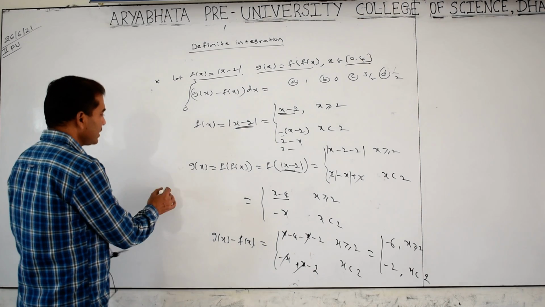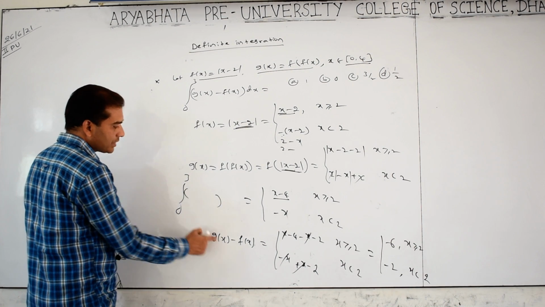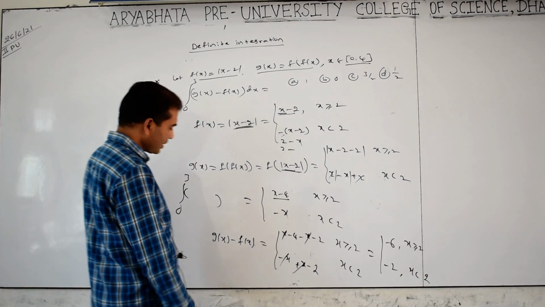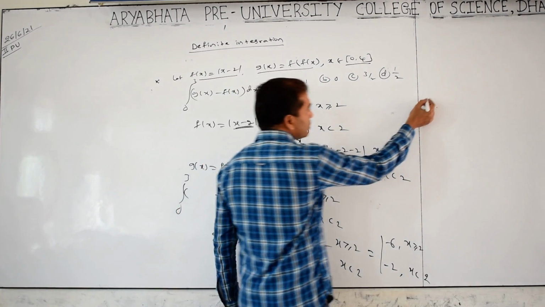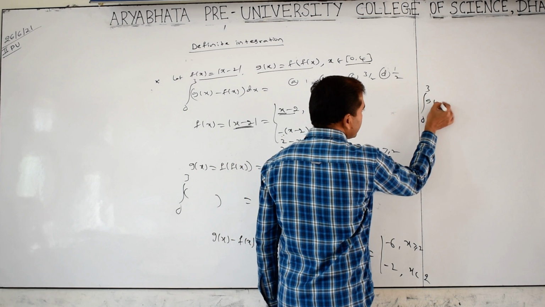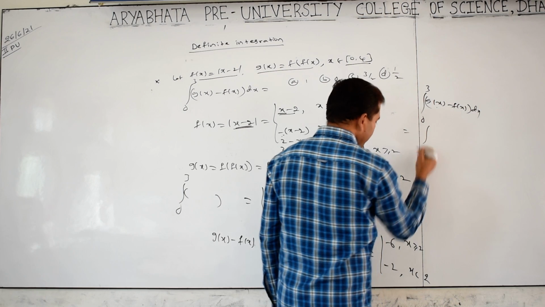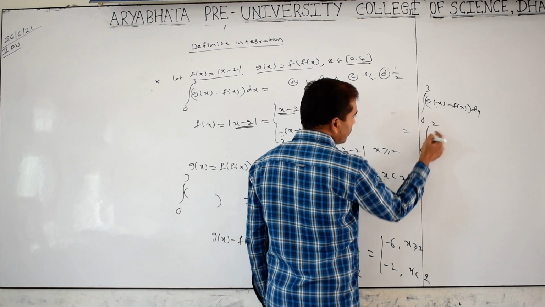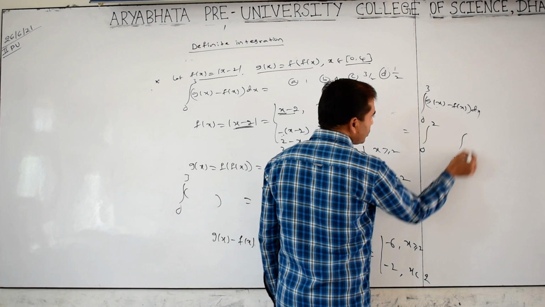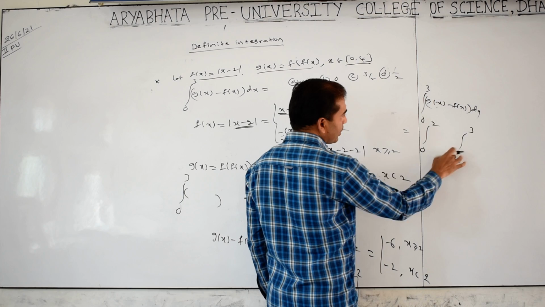So we have to apply integration from 0 to 3 of g of x minus f of x dx. Since the function is given for below 2 and above 2, 0 to 2 is below 2 and 2 to 3 is above 2, so we split it into 0 to 2 and 2 to 3.